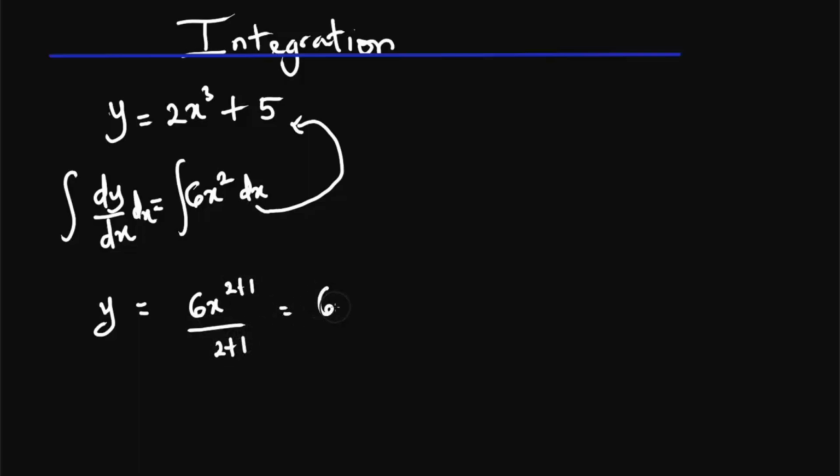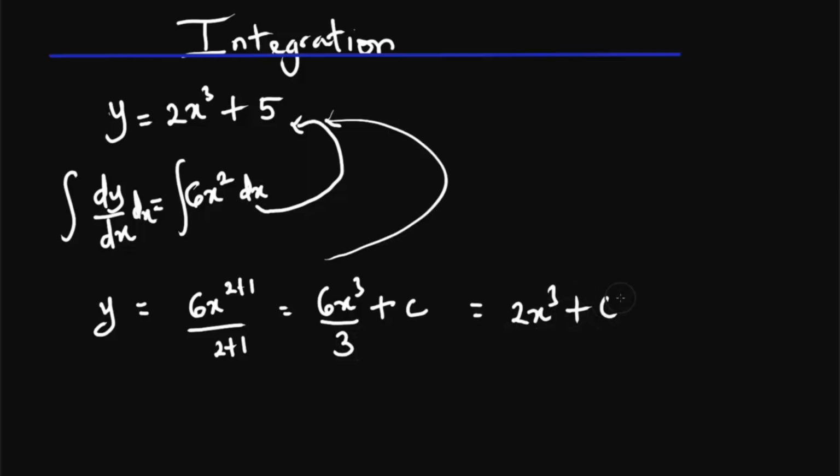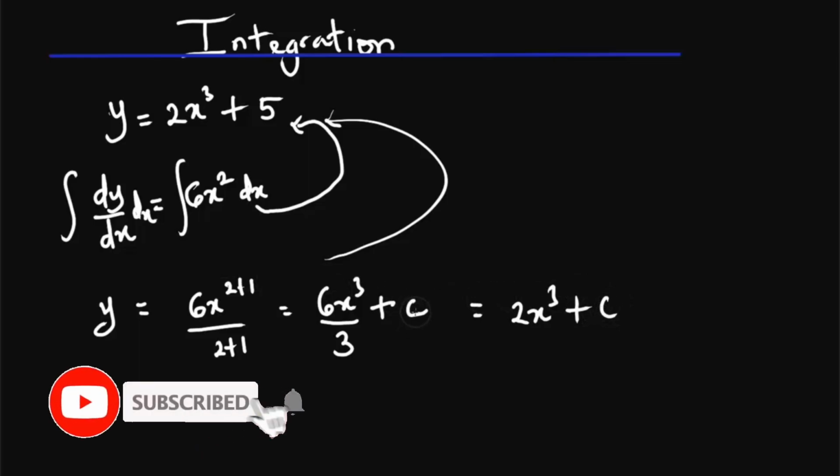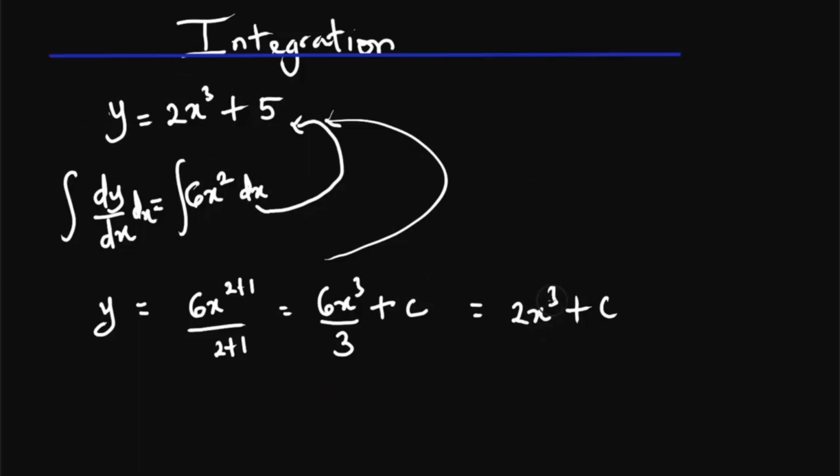So that's 6x cubed over 3, plus c. This is why we're adding plus c, because there could be a constant in the original function. So this becomes 2x cubed plus c. Do you get it? Let's move on to solve more problems. So we know that in this case, our c is equal to 5.